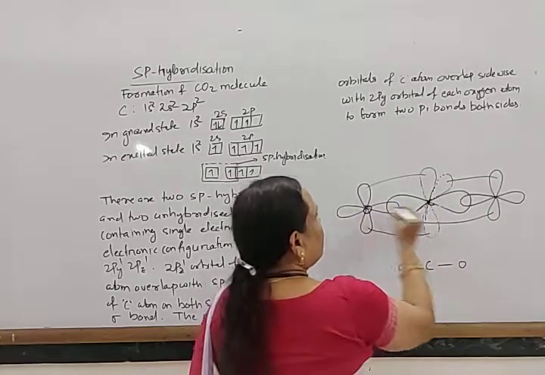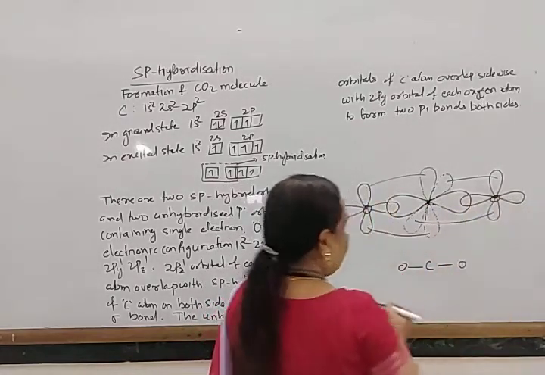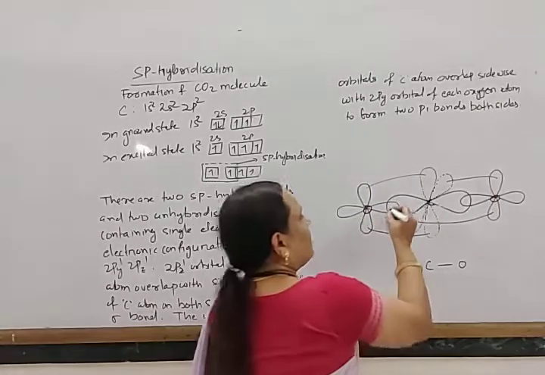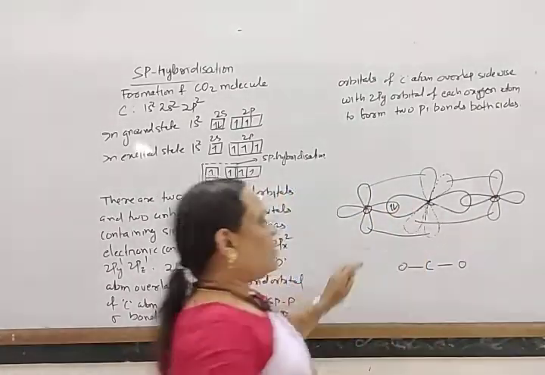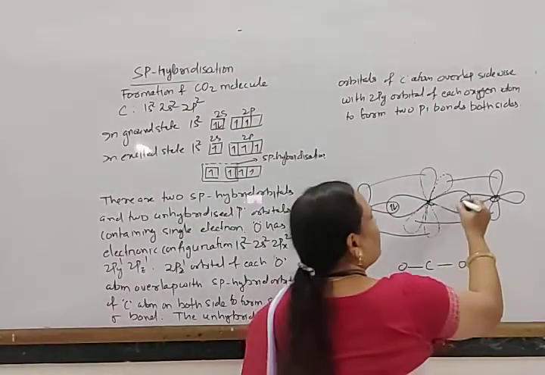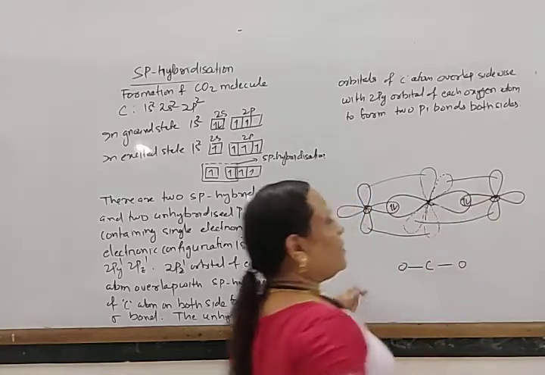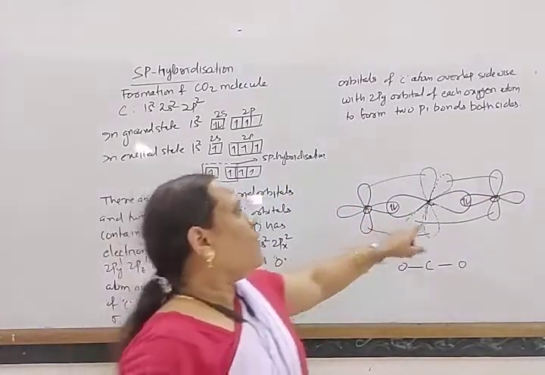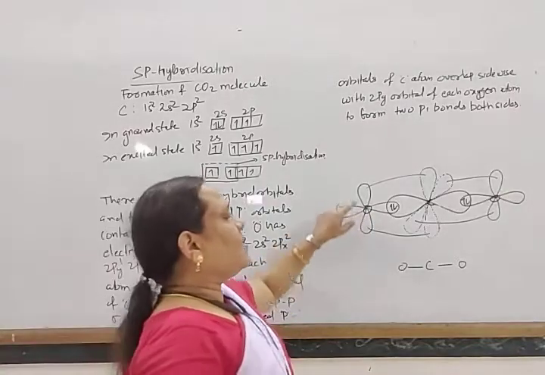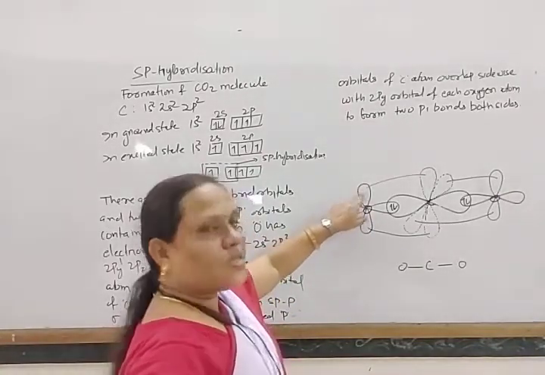This is the oxygen atom, and this is the oxygen atom. So the 2pz of oxygen overlaps with the sp hybrid orbital of the carbon atom to form an sp-p sigma bond, and here also it forms an sp-p sigma bond.